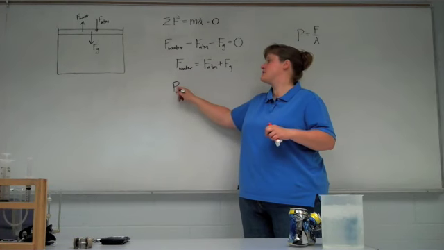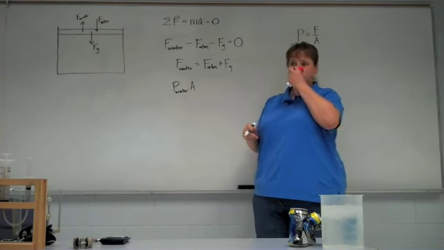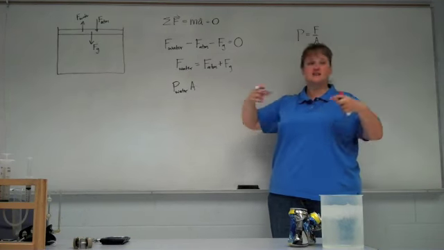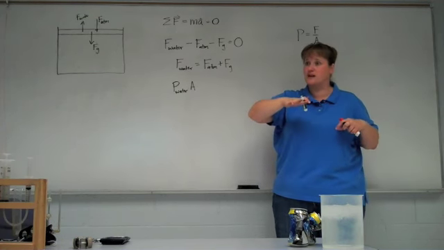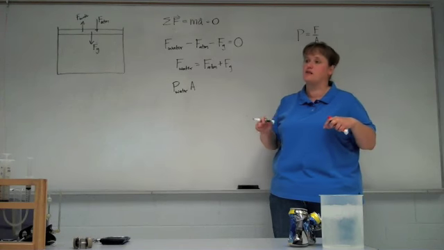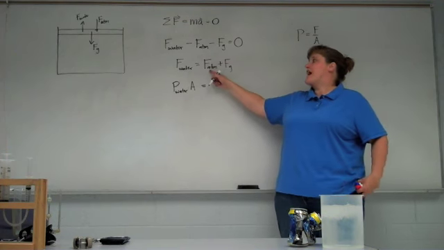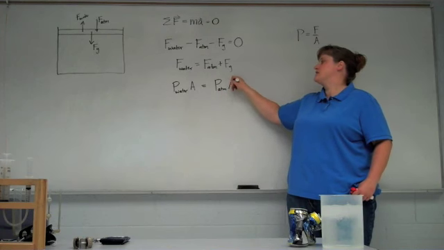So I'm going to say the pressure from the water times the area for the force of the water. Now this area is the cross-sectional area. So if this is a pool, looking down at the pool, that's the cross-sectional area of the pool. Force of the atmosphere is going to be the atmospheric pressure times the area.